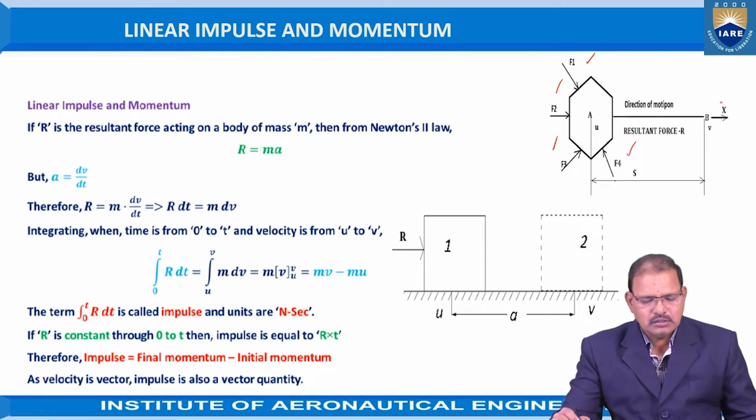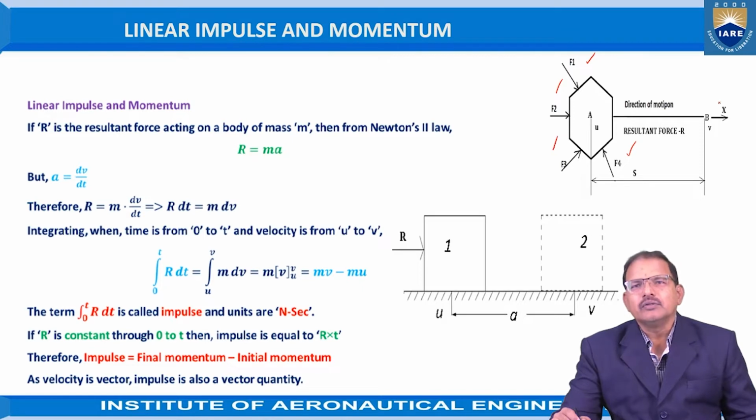Now, according to the equations, R is equal to m into a, where R is the resultant of the system of forces acting on a body, m is the mass of the body, and a is the acceleration with which the body is moving.